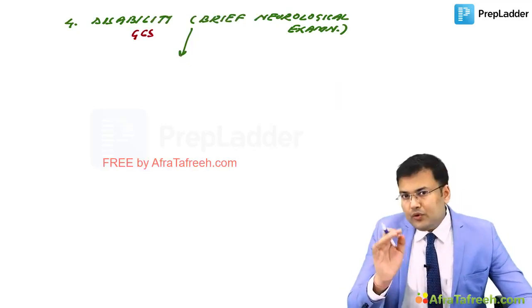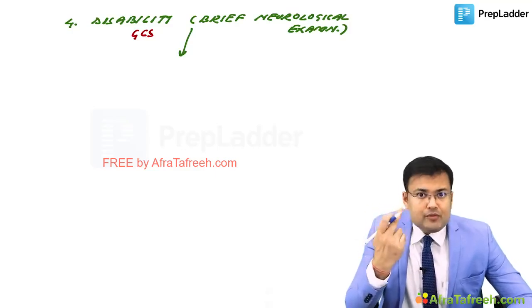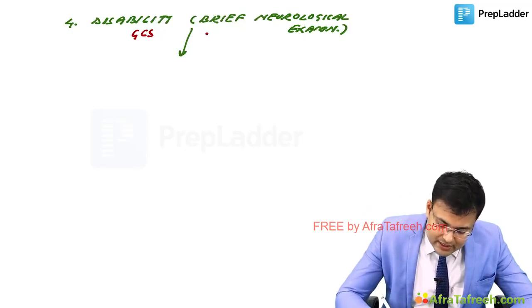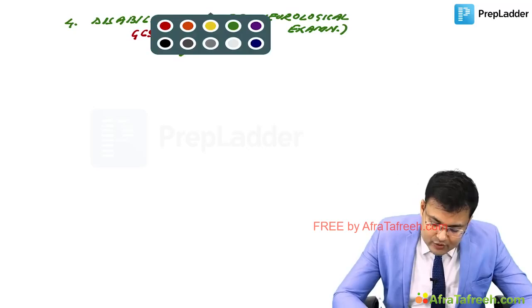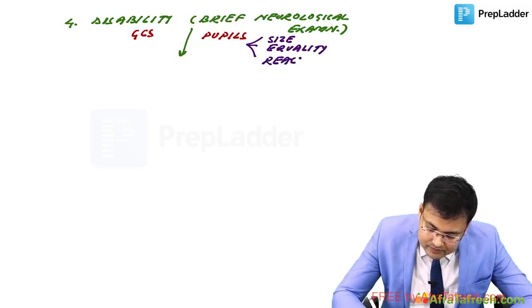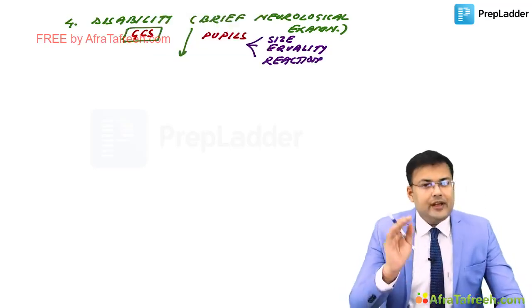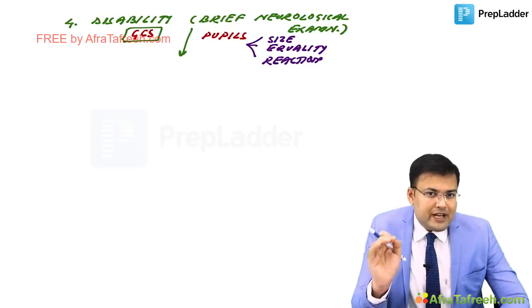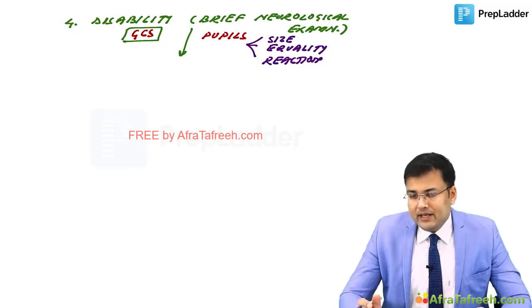And the patients in whom you are not able to calculate GCS, or otherwise, you are supposed to examine the pupils also. So you calculate GCS and you look at the pupils. In pupils, what are we going to assess? Size, equality, and reaction. GCS is very important. Every year in almost every exam this question is asked, so you have to remember. But see, there is an update.